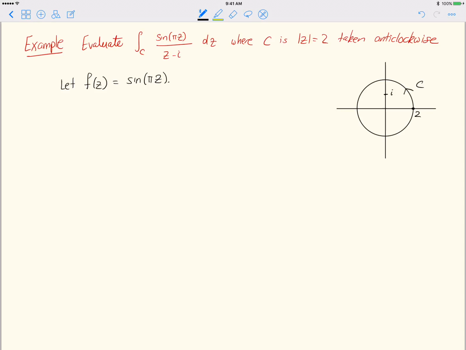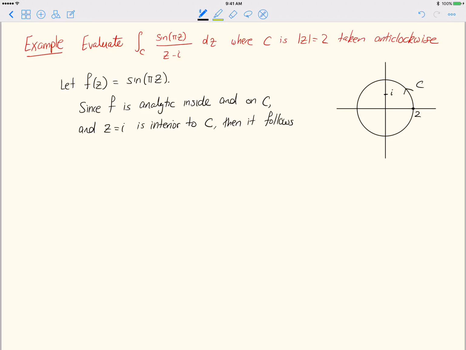And again, the sine function is entire, so of course it's going to be analytic inside and on C. So since f is analytic inside and on C, and because z equals i is interior to C, then I can use Cauchy's integral formula, which I'll write as CIF for short.